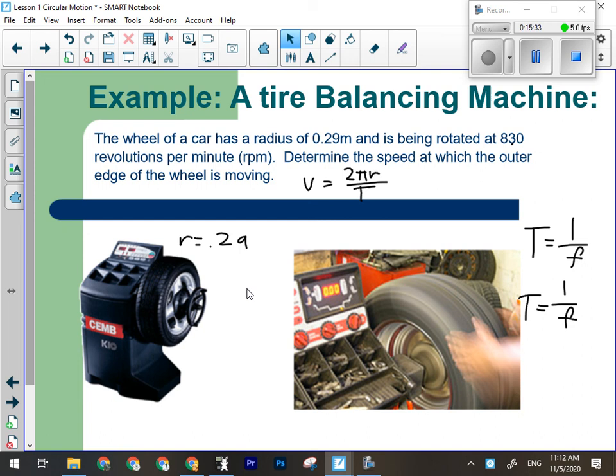All right, so now I have T and I have R, because the question gave that to me. So now can I calculate the speed at which this tire is moving? V equals 2 pi R over T. So 2 times pi times 0.29, the radius of the tire, divided by that 0.072 seconds.